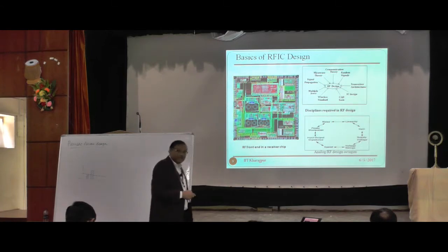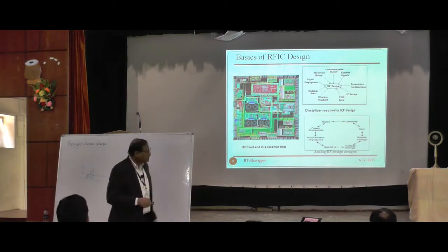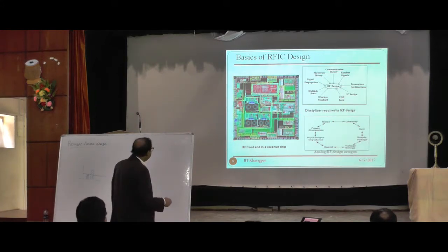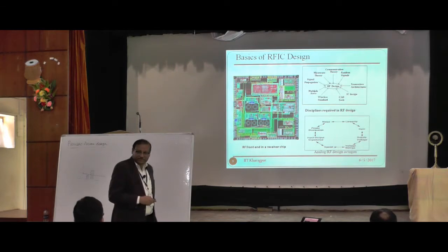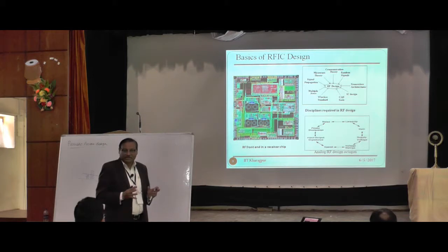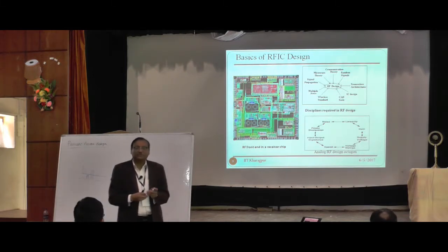So what is the topic that we are just discussing? This is a complete transceiver on a chip. Now think of it, all the inductors, the capacitors, and you cannot even find where the active components are. Because if you see any design, which will be in the next half, you will see the design and the layout.